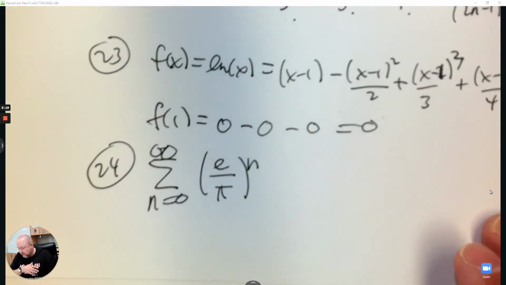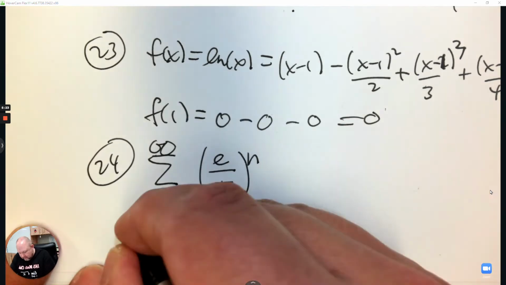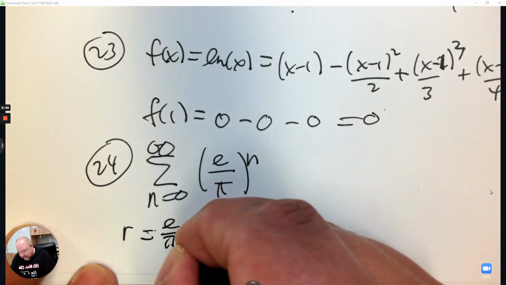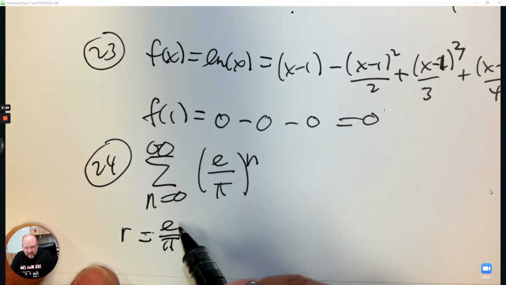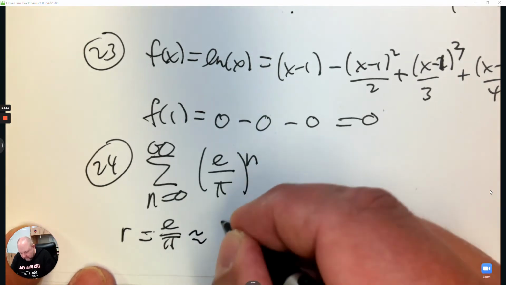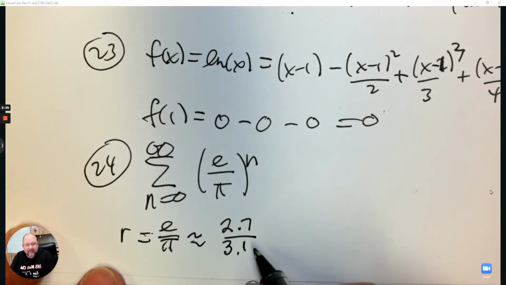And the question is, does this converge or diverge? This is a geometric series. The ratio is e over pi. And the question is, is that less than 1? So e is about 2.7 and pi is about 3.1. Just as an estimate, you can see that the numerator is smaller than the denominator.